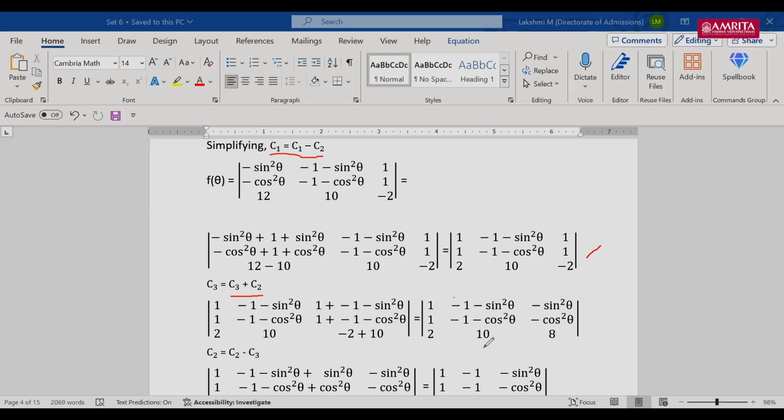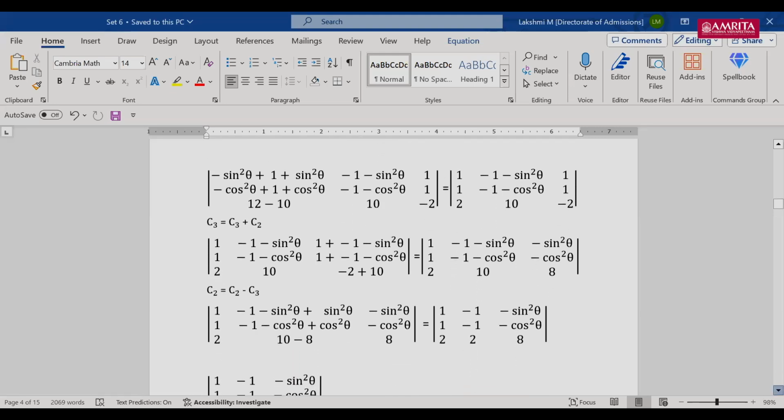So I'm just substituting for C2 minus C3. So 1 minus sine square theta plus sine square theta. Both the sine square theta is gone. Cos square theta is also gone. So we are able to simplify it in such a way that you have these terms maybe in one row or one column.